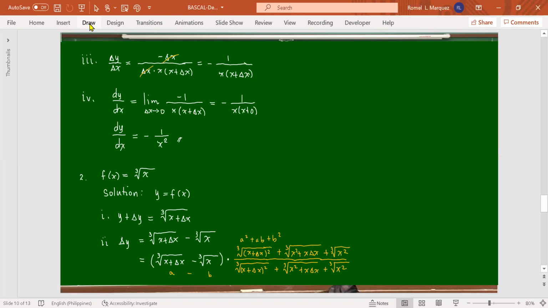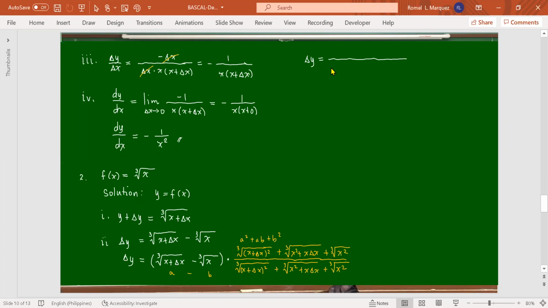Okay, what's the product of the numerator, guys? So this is my delta y, no? So what is my delta y, guys? The denominator, start muna tayo sa denominator, because there are a lot of things to write in the denominator. Okay?